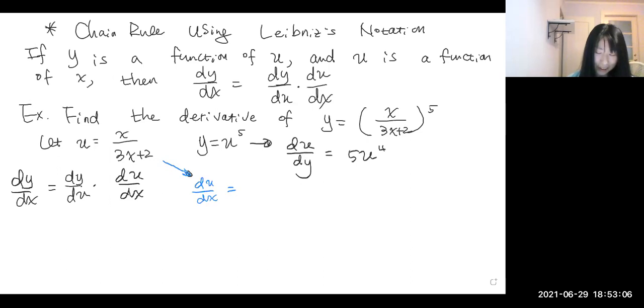So how do we take the derivative of this one? Do you use the quotient rule? Yes, we are using the quotient rule. So f over g: f prime g minus f g prime over g squared. Okay, let's do that.